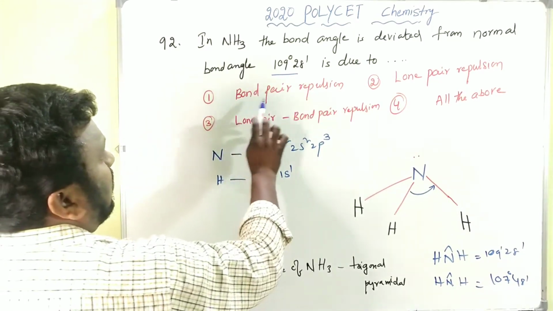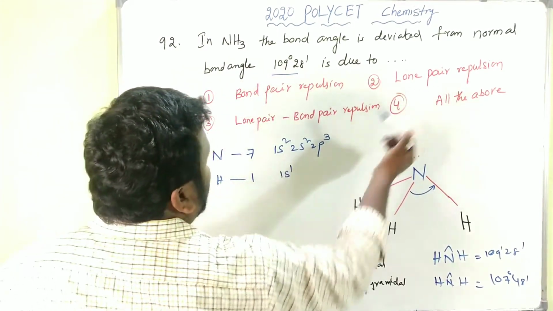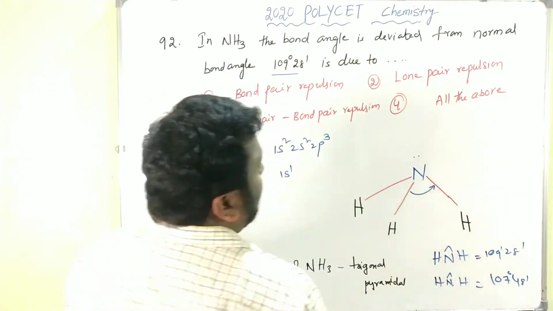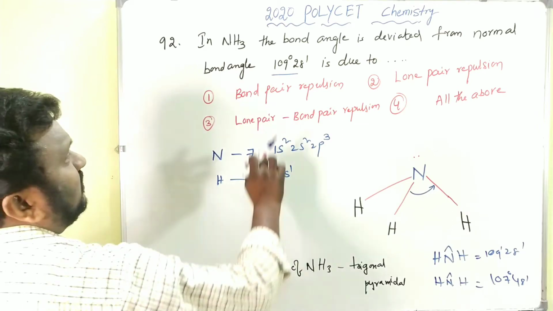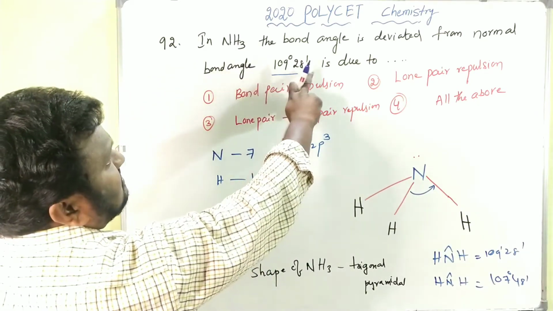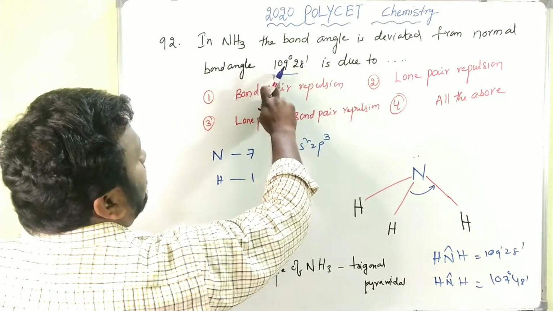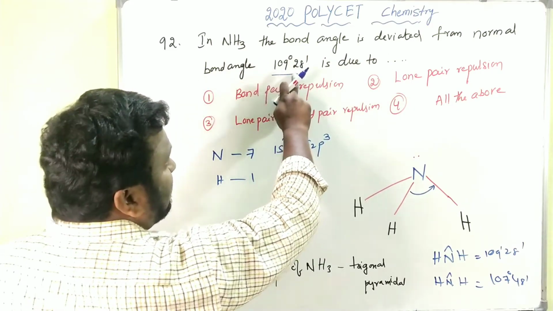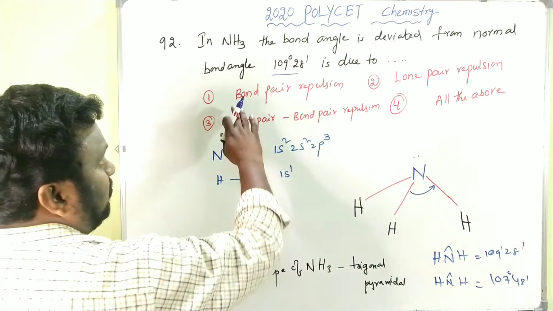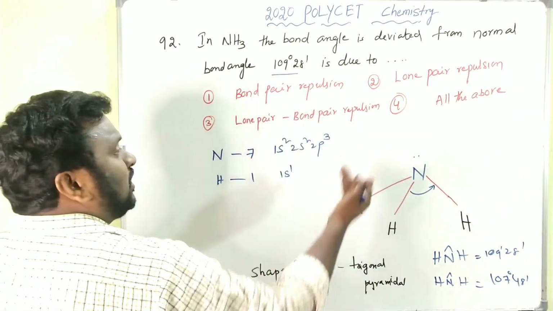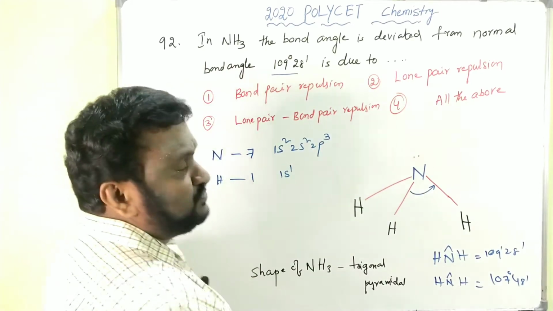Options: bond pair repulsion, lone pair repulsion, lone pair bond pair repulsion, and all the above.